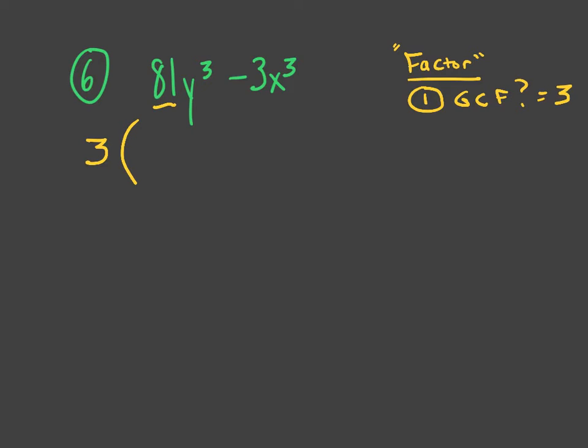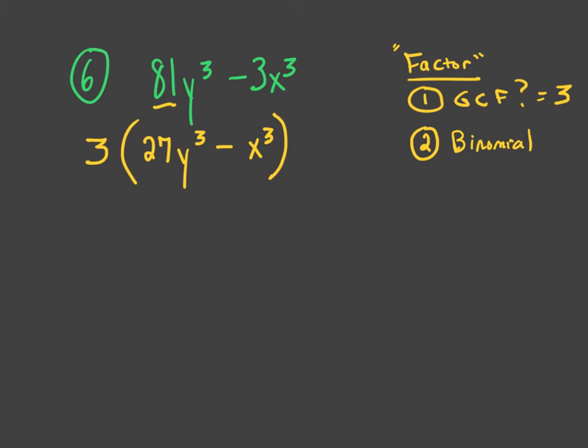And then rewrite it. 81 divided by 3 is 27, and we've still got those y's there. Negative 3 divided by 3 is negative 1, and I'll just put the x cubed there with no 1 in front. You don't need that. And then going forward, you do have a binomial inside that parentheses, so try to factor that if possible.